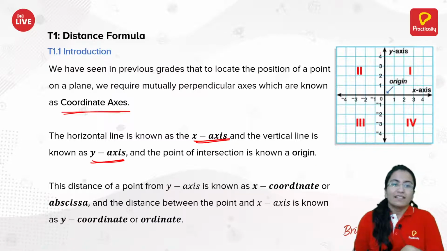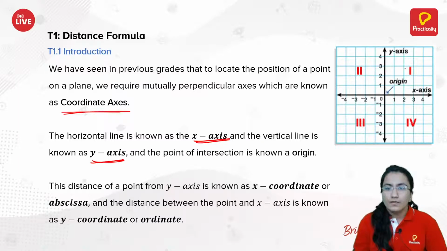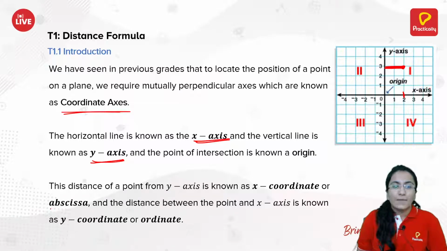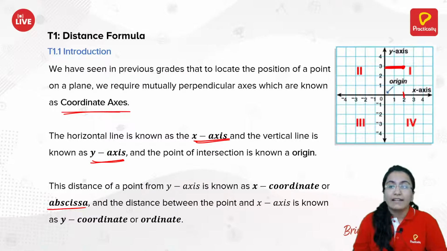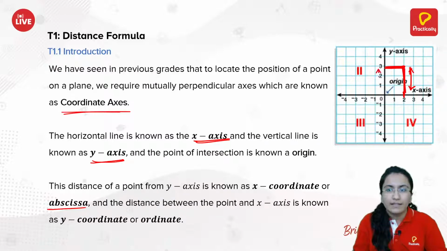Okay, next is the distance of a point from the axes. Suppose you have a pointer over here, right? This is your point. Its distance from the y-axis is this much. This is given by its x coordinate, also known as the abscissa, right? And the distance of the point from the x-axis is this much, and this is given by the y coordinate, because this length is the same as this length.